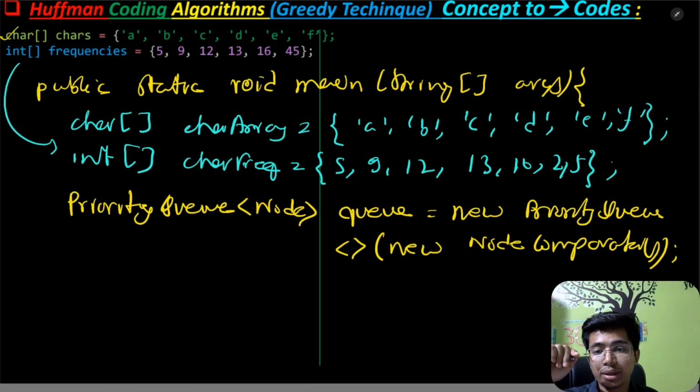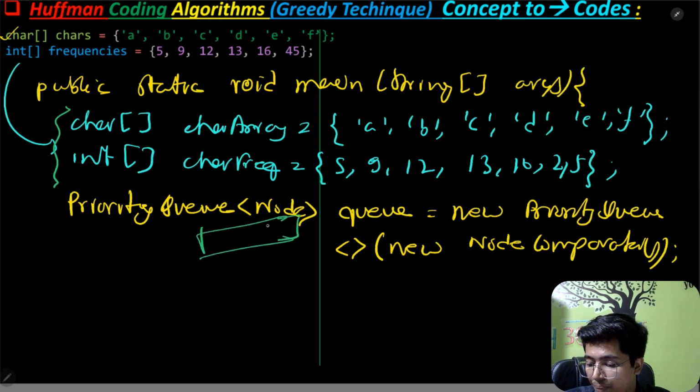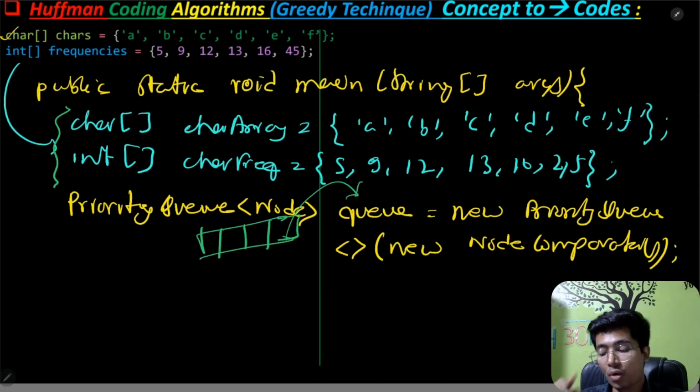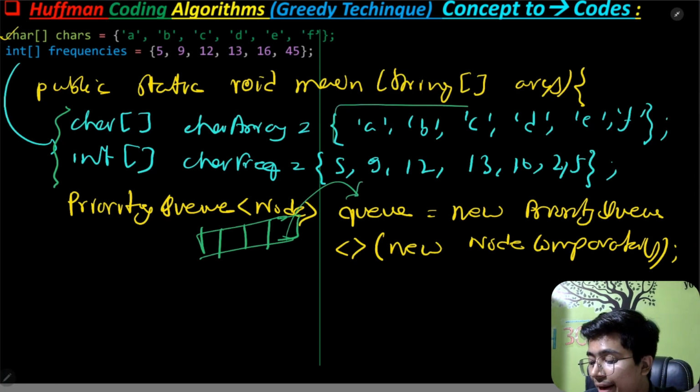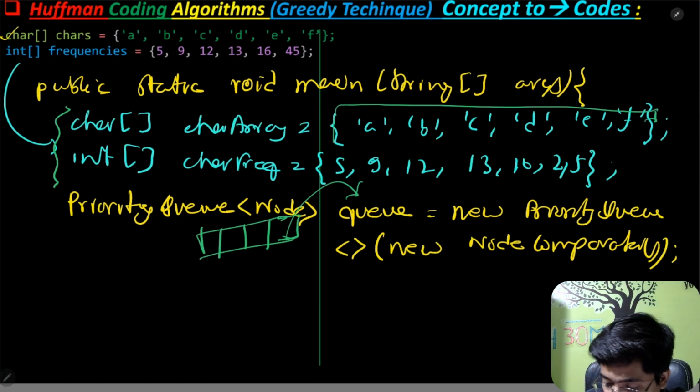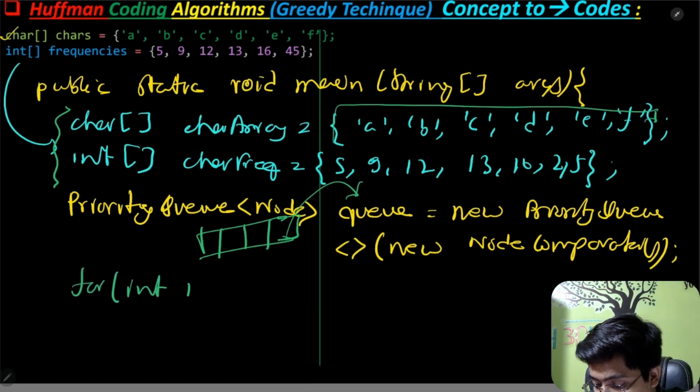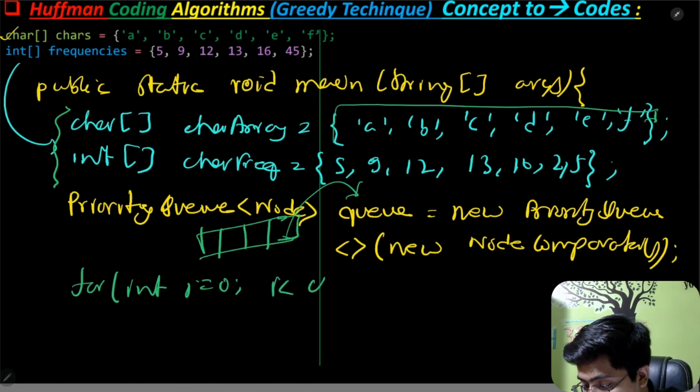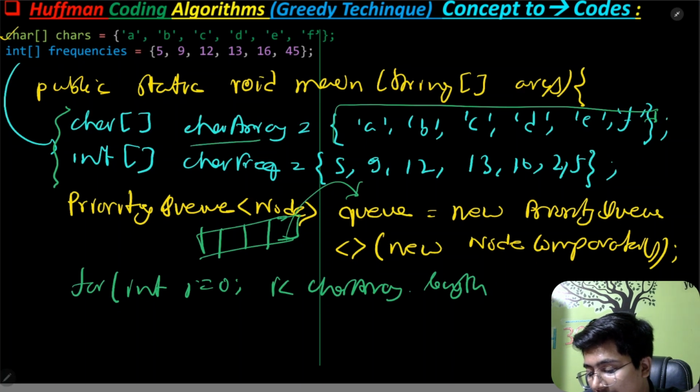After the creation of all these things, what we need to do now is add all the nodes available into this queue. Now our main work is to add all the nodes. These are the values of the nodes, so we will be adding the nodes of all those data types into this queue. For that we will be using just a for loop. One for loop is enough to traverse all the nodes. So for int i equals 0, i less than characterArray.length, i plus plus, it will run up to this entire length.